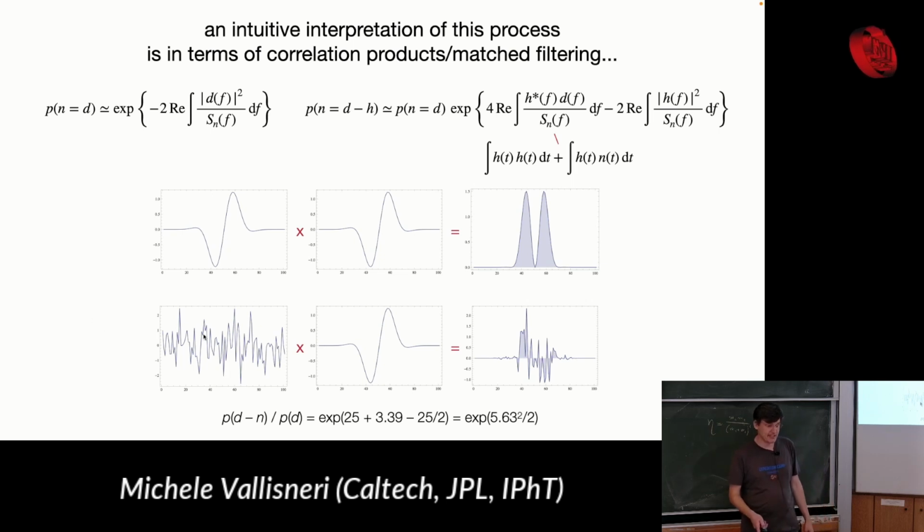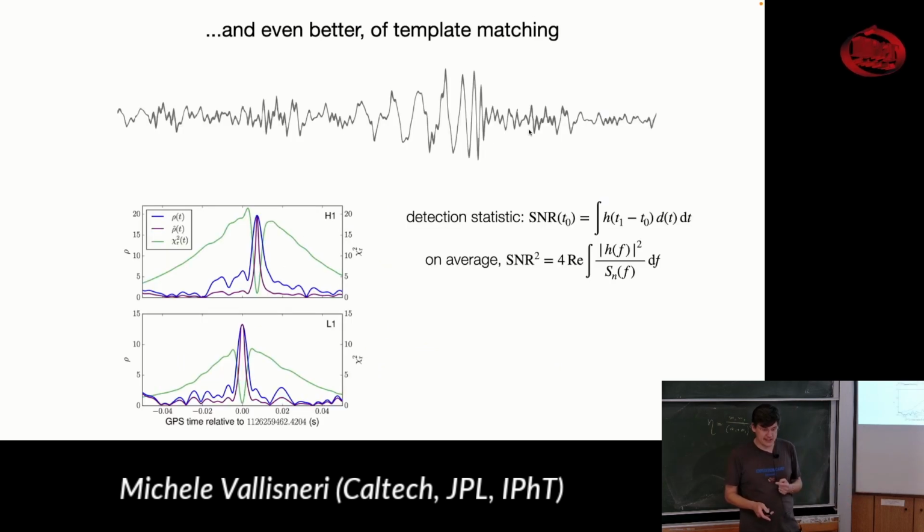But if you take a correlation product of noise with a signal, you basically get 0. Then you can concentrate on this term, and that's what you'd call the match filter. But in effect, it's really the same thing as weighing the noise content of the data, and the data is minus the signal.